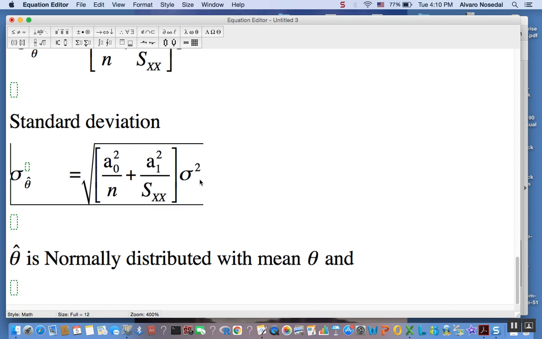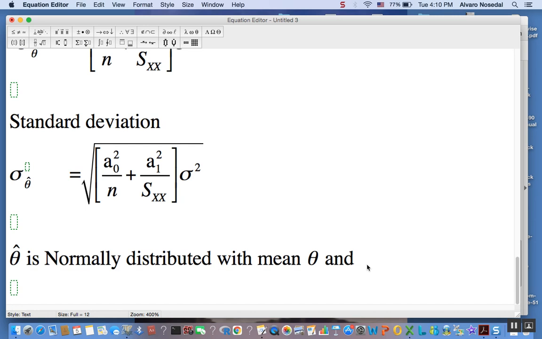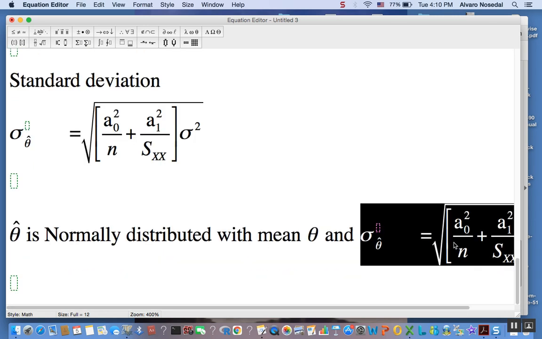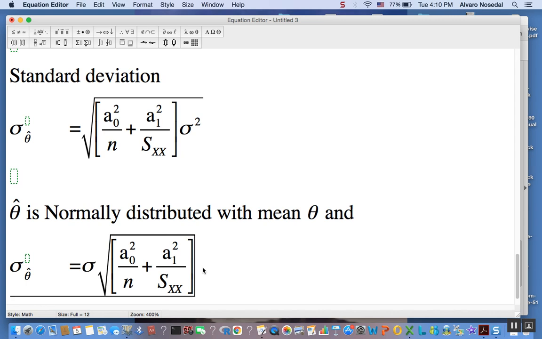And you could factor it out. We're going to do that next. We know that the square root of sigma squared is sigma, so let's place that outside. Okay? Make sense? Are we good?